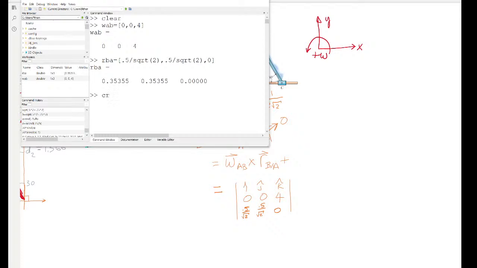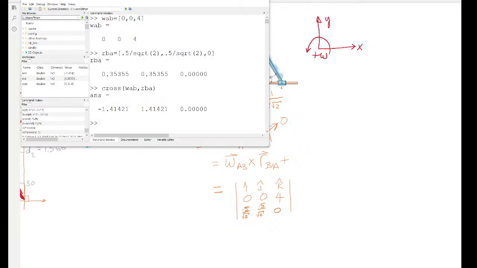So if I want to do the cross product of this, I got to make sure omega AB comes first because it's to the left of RBA. If I didn't, I would interchange those couple of rows, RBA, and put a close bracket, end up with that.